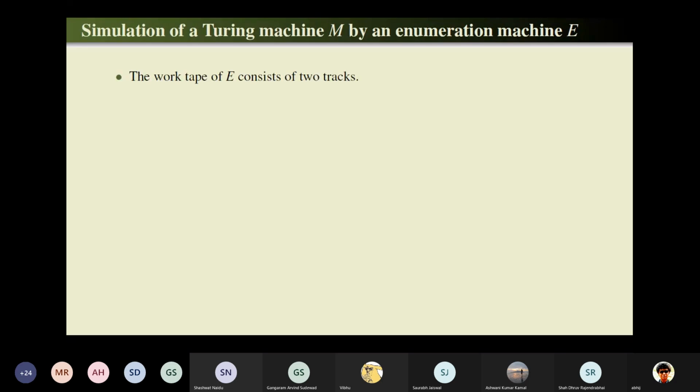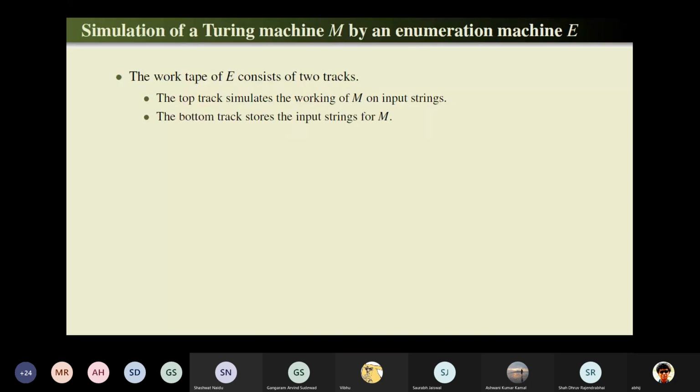So the work tape of E consists of two tracks. On the top track, the working of M on input strings will be simulated. And on the second track, the bottom track, the input strings themselves are stored.